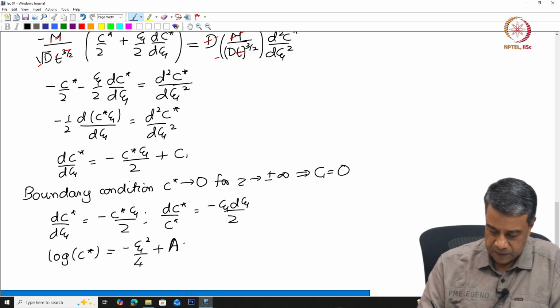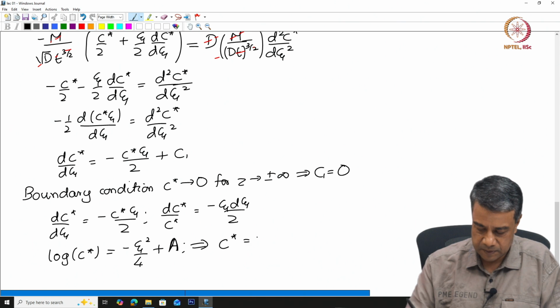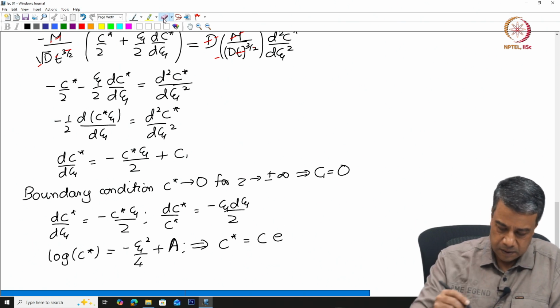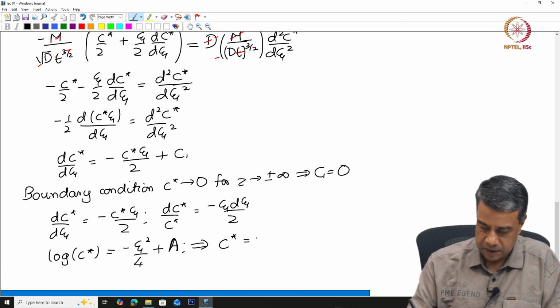And if you exponentiate both sides, you get C star is equal to some constant, let me write this as B, not to confuse, B e power minus psi square by 4.